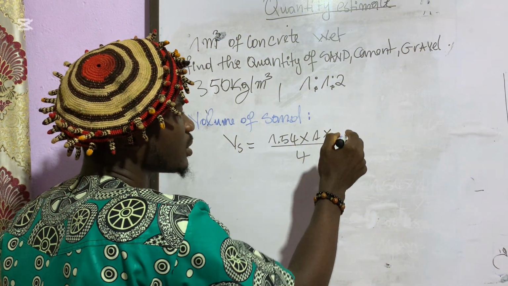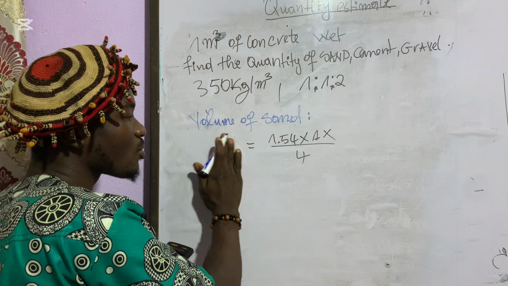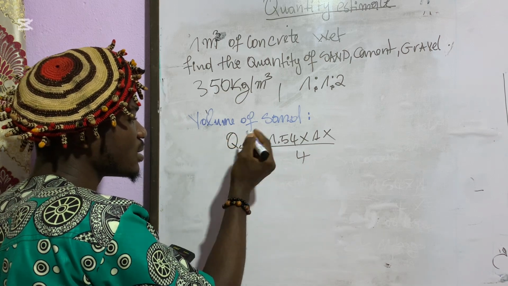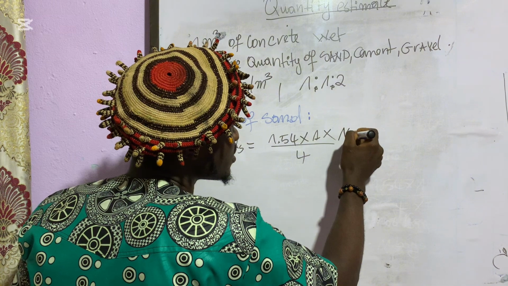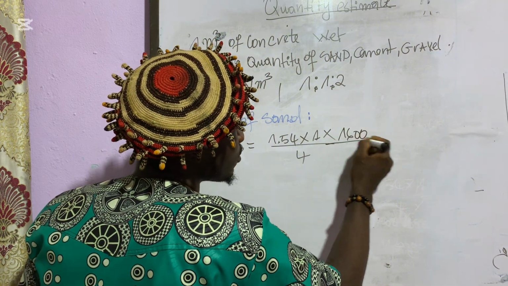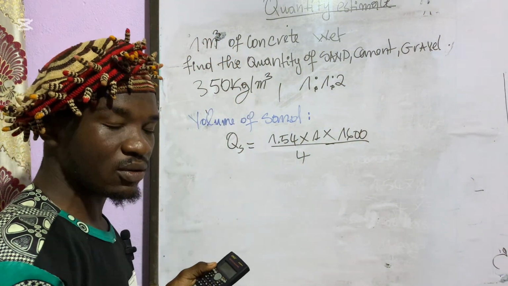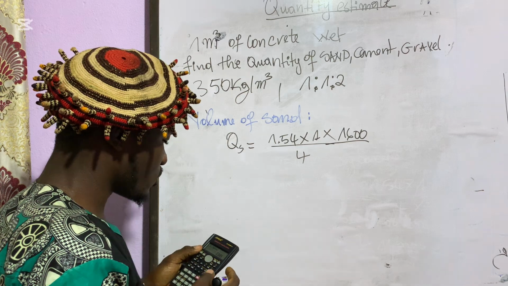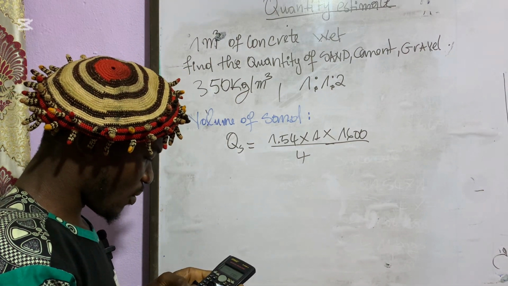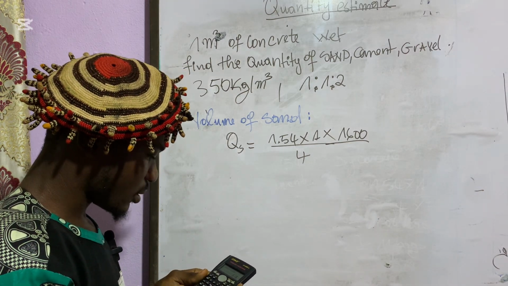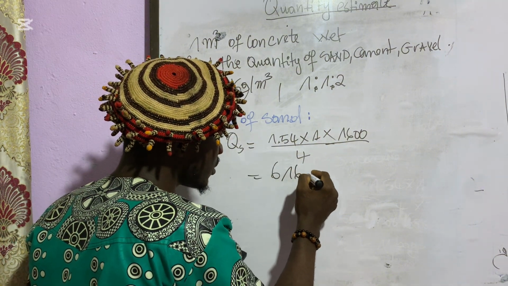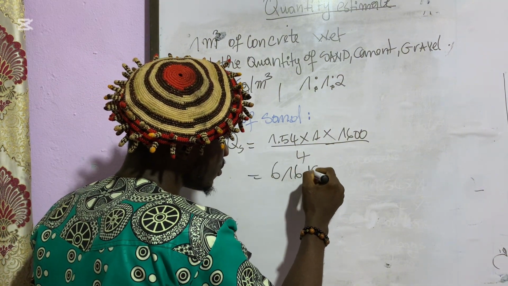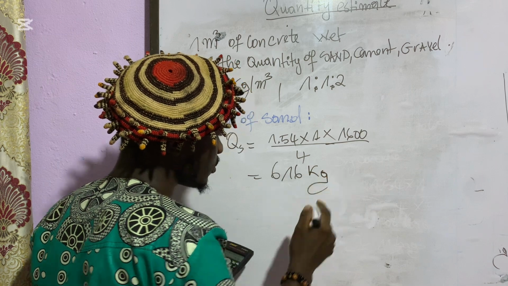Now I forgot, if we want, let me just convert it also into quantity, that's in kilogram. You multiply also times the density of sand, which is 1600 kilogram per meter cube. So this multiplied by 1600 is going to give us 616 kilogram.